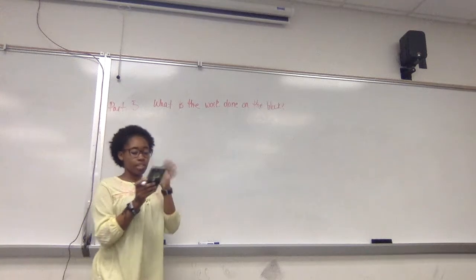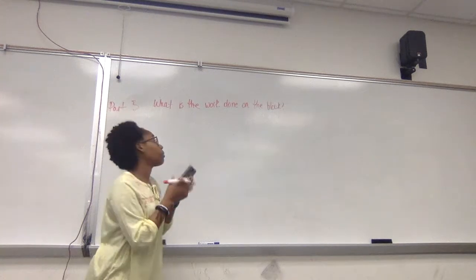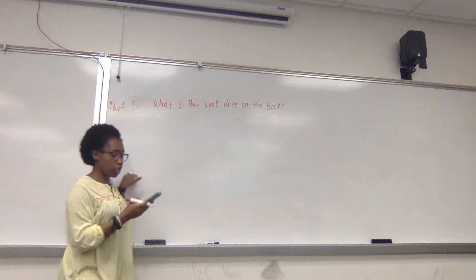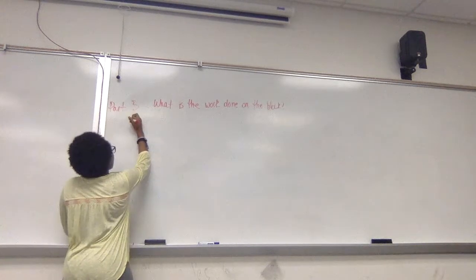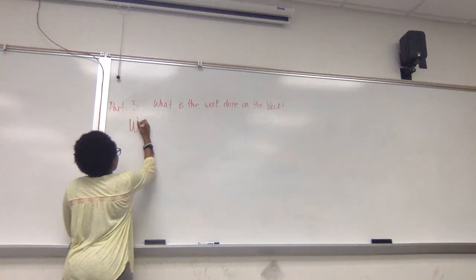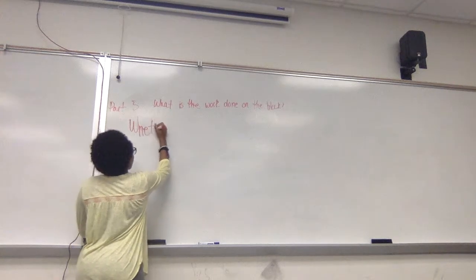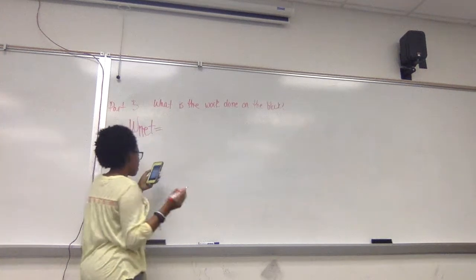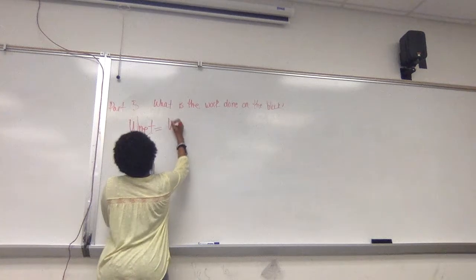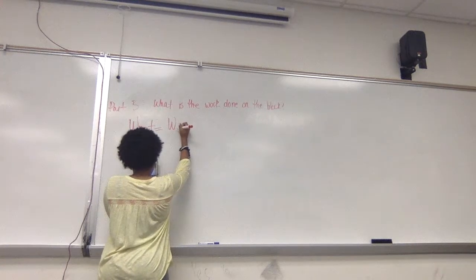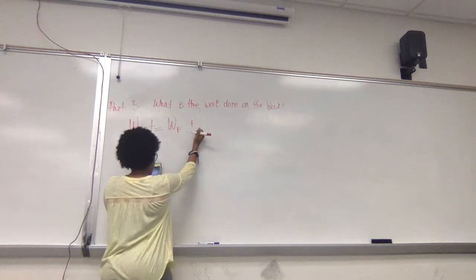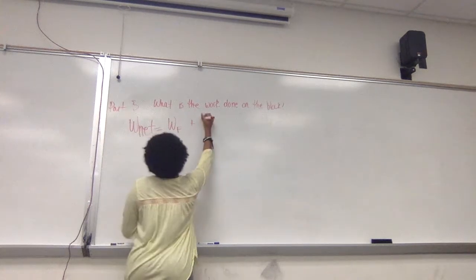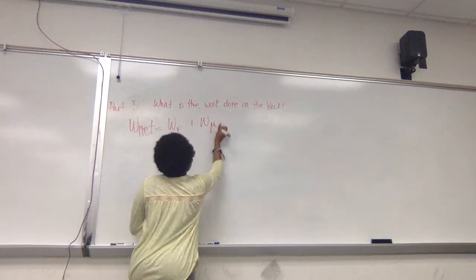For the last part, which is part 5, we will be finding the net work done on the block. To find the net work, we're going to use this equation. It's going to be the external force plus the frictional force, which looks like this.